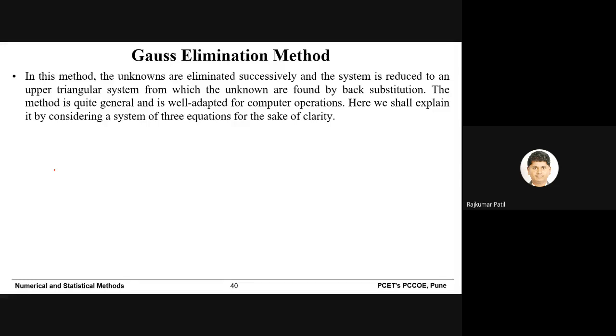So what is generally done in this method? The unknowns are eliminated successively and the system is reduced to an upper triangular system from which the unknowns are found by back substitution. This method is quite general and is well adapted for computer operations as well.